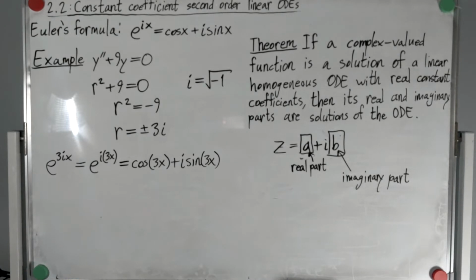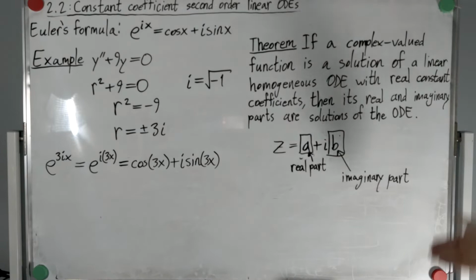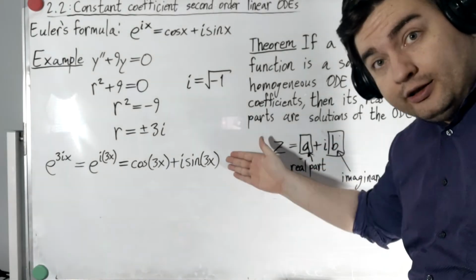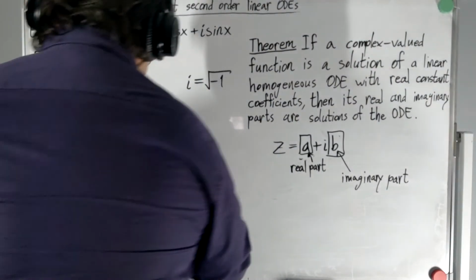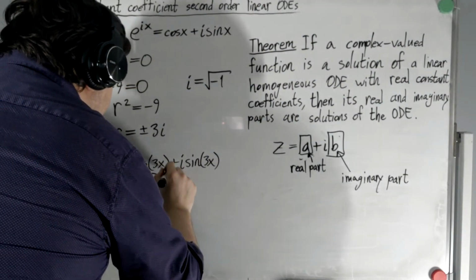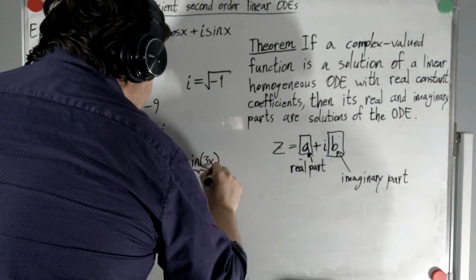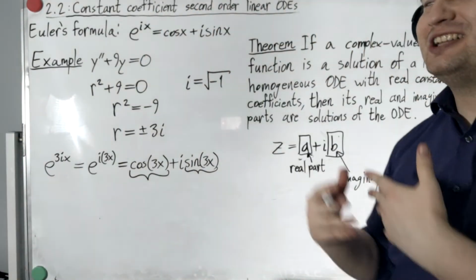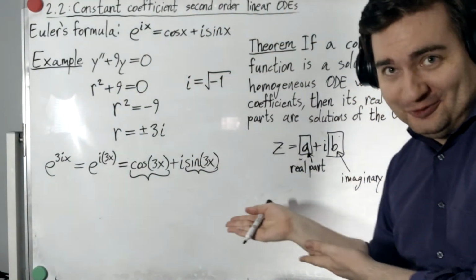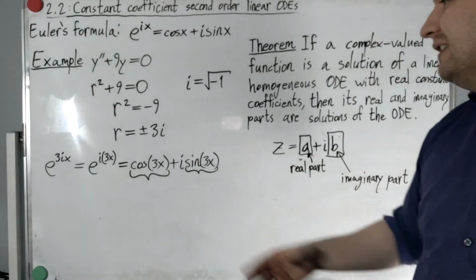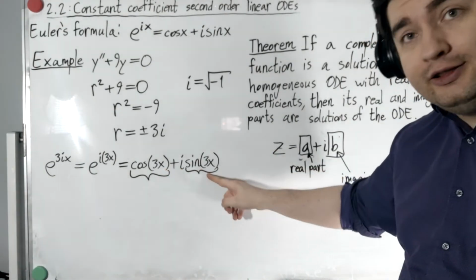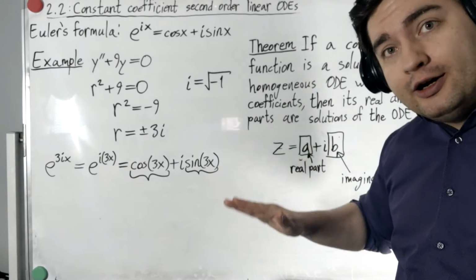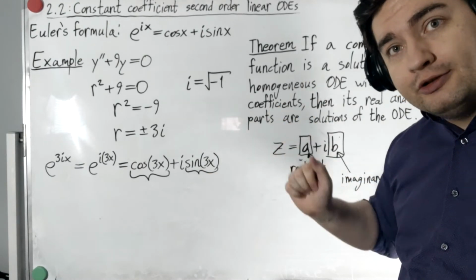In any case, the theorem says that if we have a complex valued function that's a solution of our ODE, which we do, then the real part, cosine 3x, and the imaginary part, sine 3x, are separately solutions.